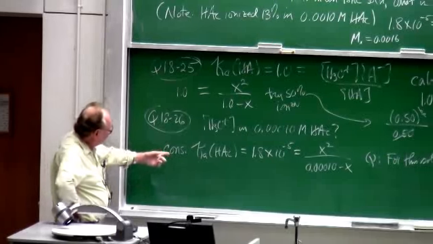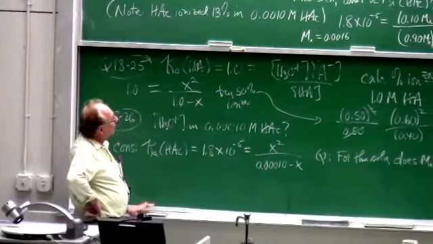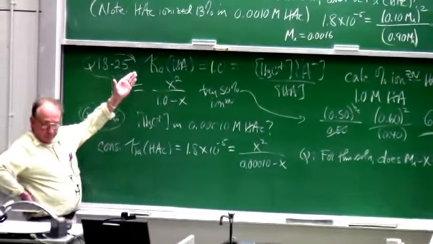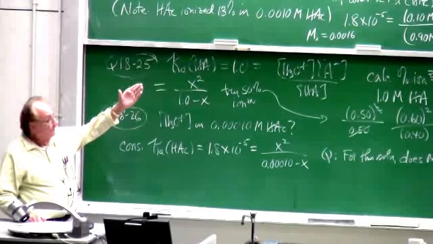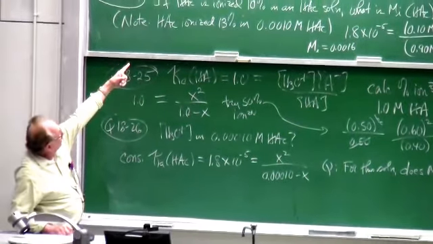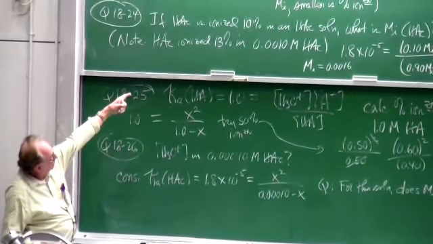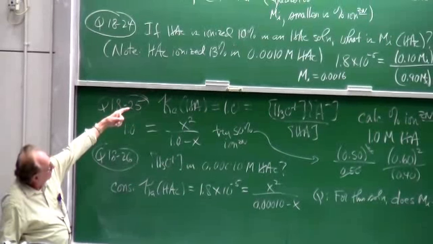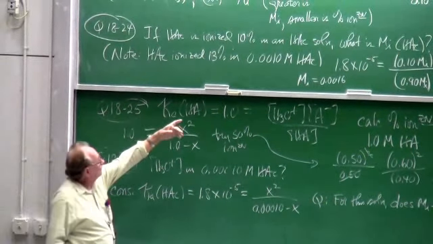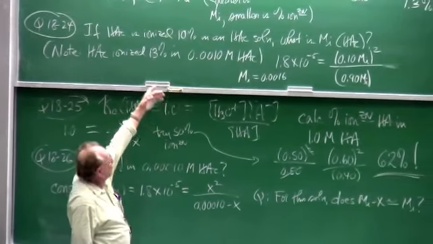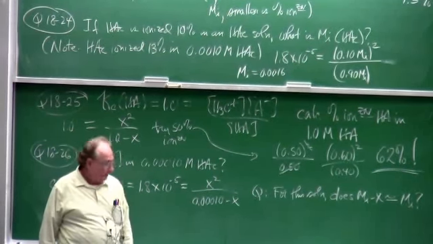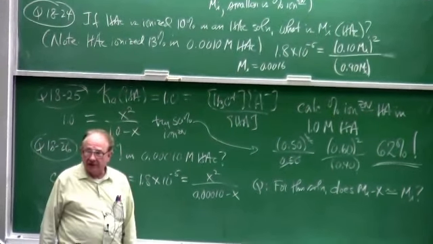All right, let's try this one. Now notice we've already recognized from this problem, number 24, ionization extent, 0.001 molar acetic acid is 13%. Now this is 0.0001 molar acetic acid.